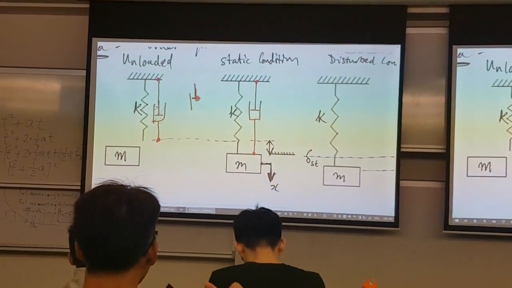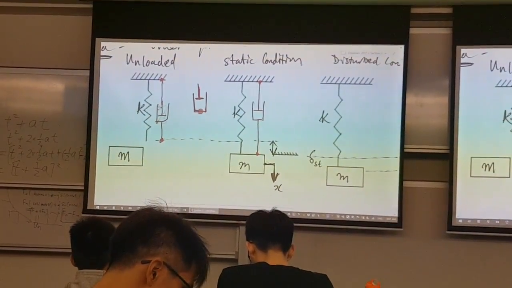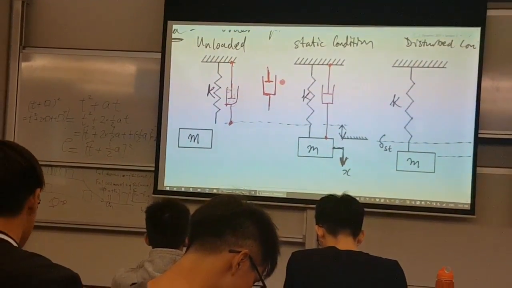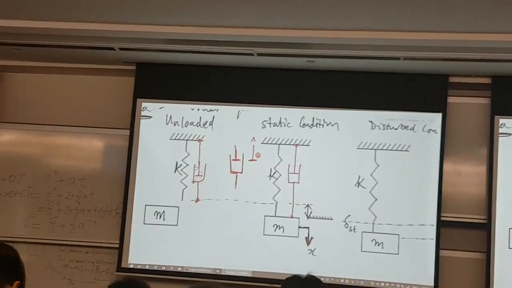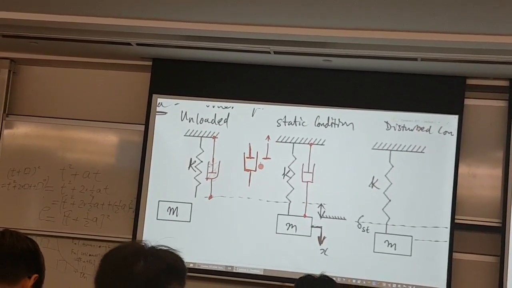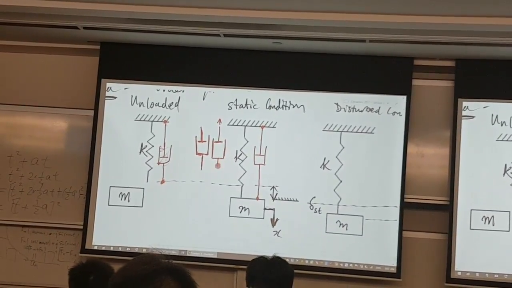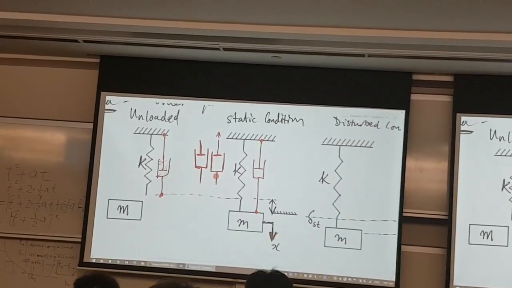This part here is one piece, and this part here is another piece. So you can move this thing upward, and it slides along the cylinder. That's how the damper works.